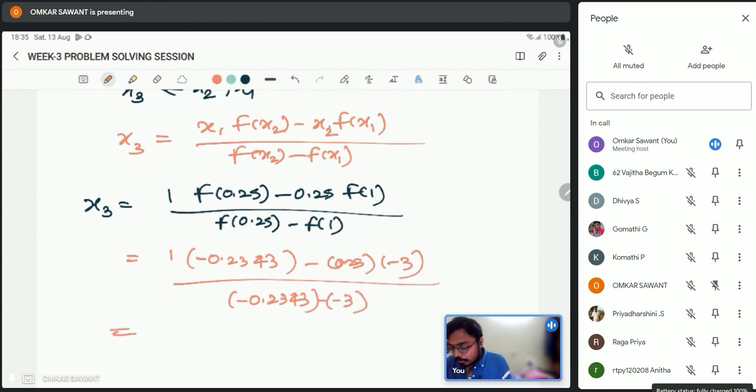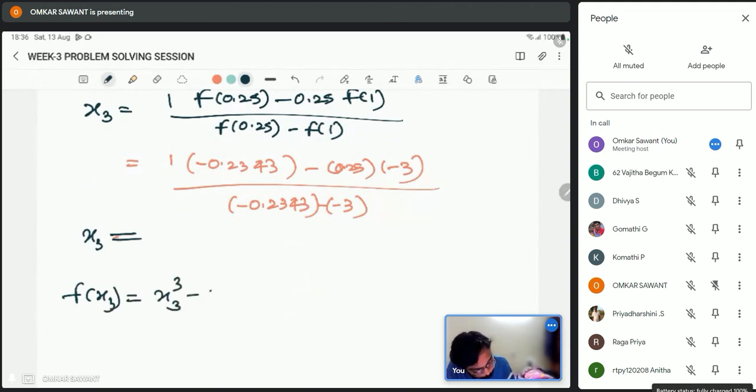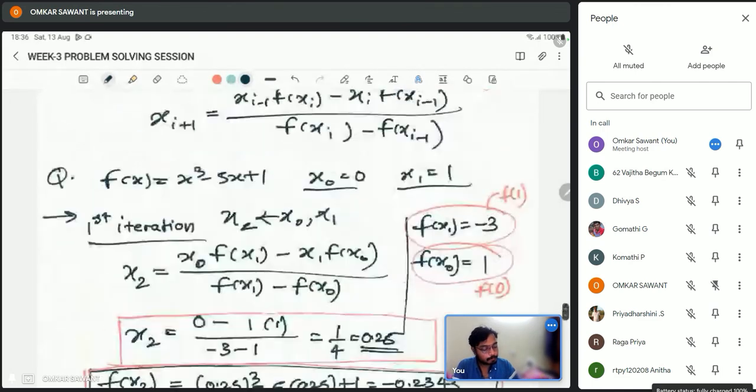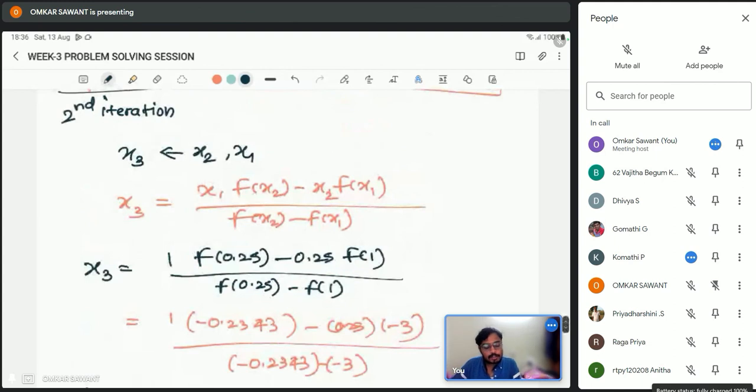What is x3? Can anyone calculate? Did you get the value? We found the second iteration x3 from x2 and x1.